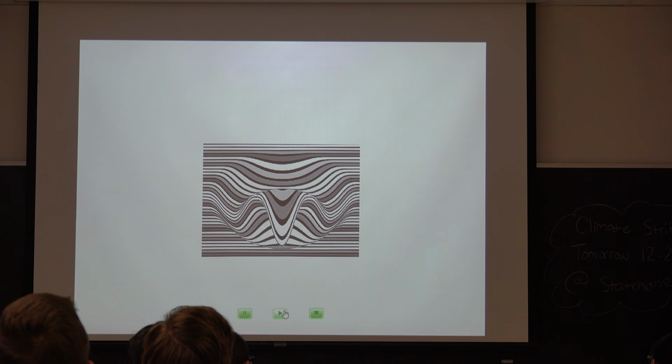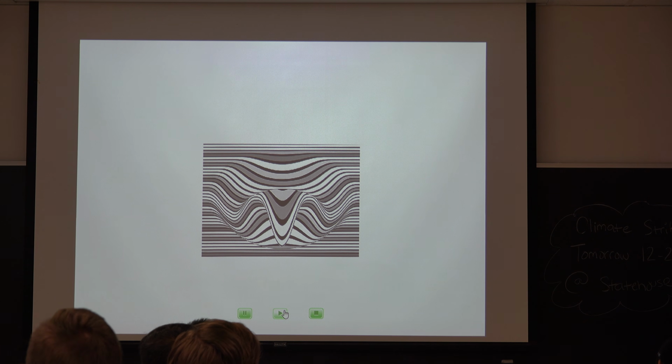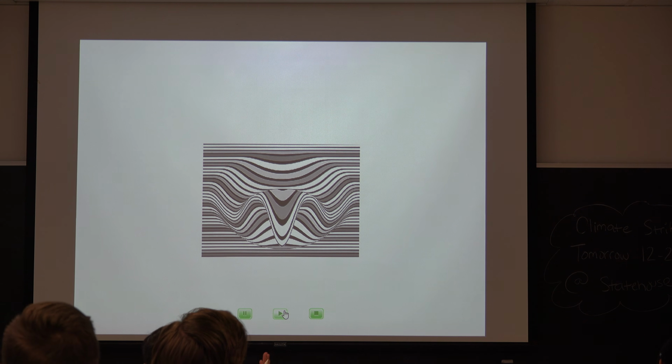Now what do you see? Does it look like a big tongue that's hanging down? Can anybody see it reverse so it's actually a bump that's pointing downward? You can see that? Anybody else? How many of you see the tongue? How many of you see the bump pointing downward? So tongue is the majority.